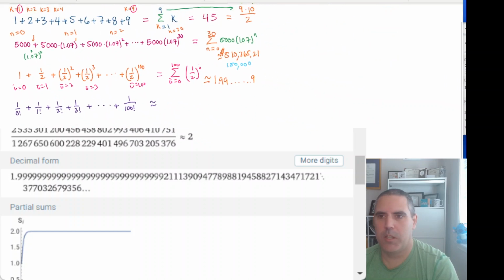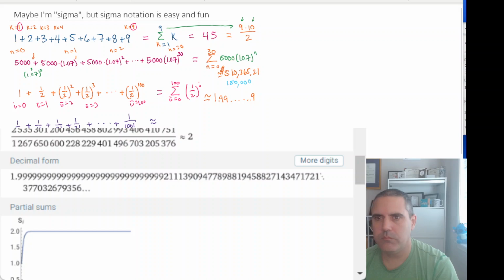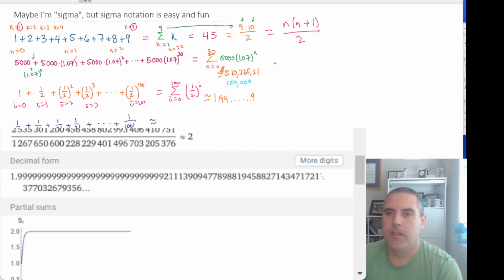Okay, let's zoom out and talk about those two briefly here. So there's a pattern for the first one, kind of fun to study, n times n plus 1 over 2. Mentioned that briefly. There's a pattern for the second one. It's called the geometric sum, and there are so many applications.